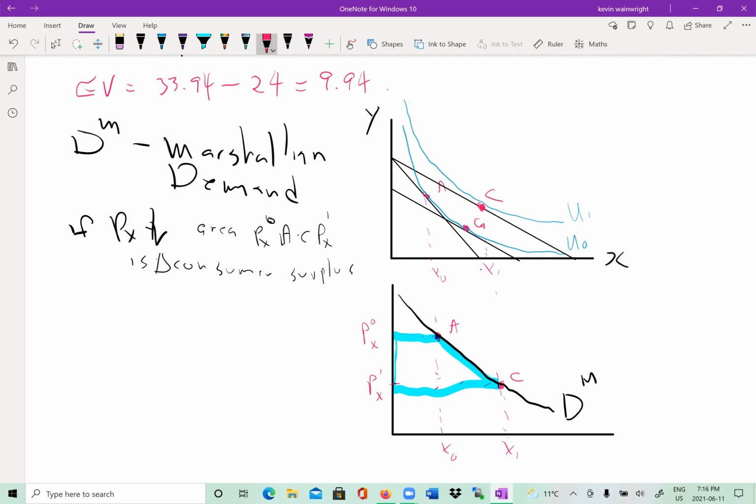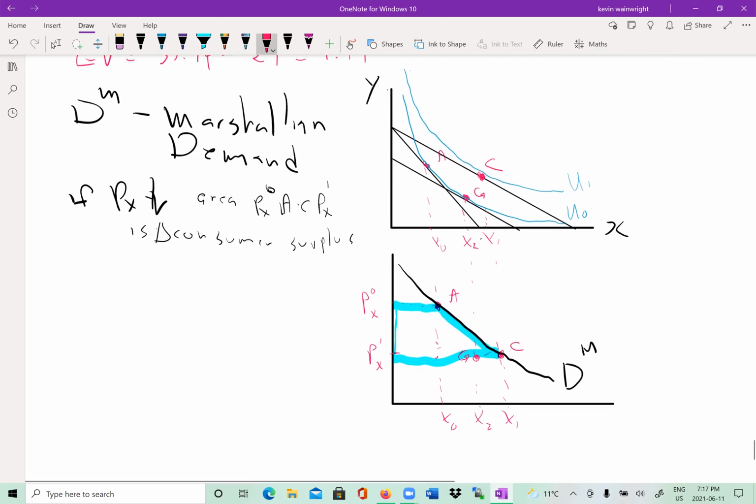Now, if we go to point G, then I'm consuming X2. X2 is at the same price as C. So there is G, same price, but a different quantity.